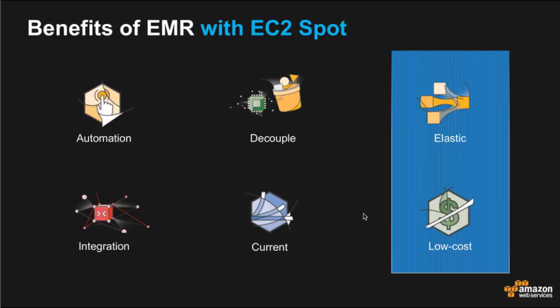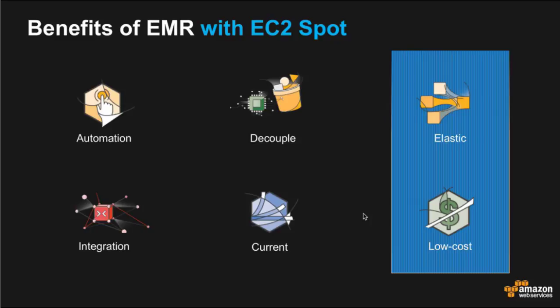Some of the benefits of EMR you might be already familiar with include automation, which speaks to how you could leverage the CLIs and the APIs and the CloudFormation mode of provisioning and management for the clusters that you're spinning up.